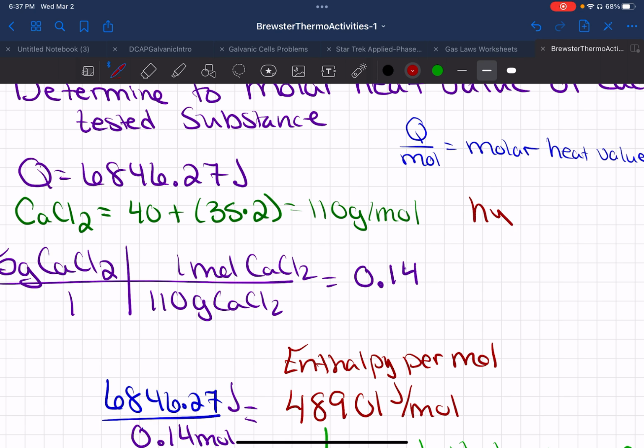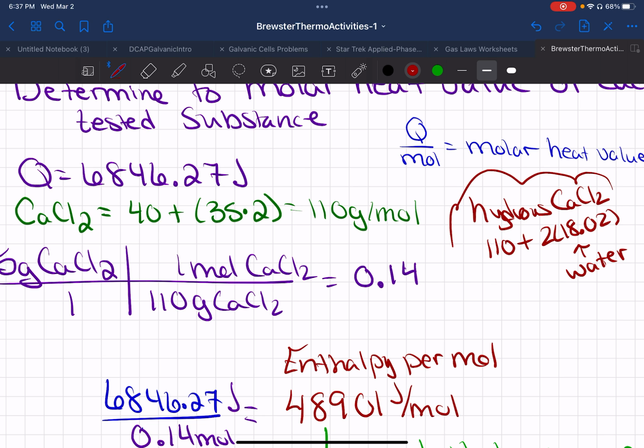So if you have hydrous CaCl2, then yours will be 110 plus 2 times the molar mass of water, okay? Because it's a dihydrate, and so it has water attached to it.